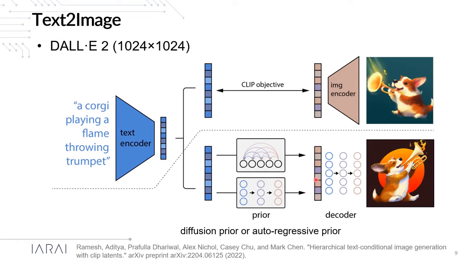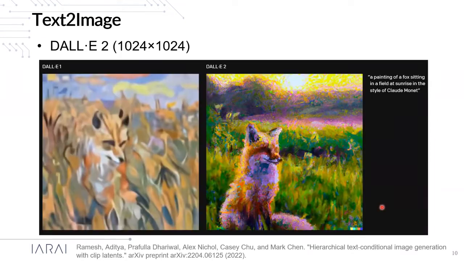Finally, this image embedding is fed to a diffusion decoder to finish the image generation. We can find that compared to DALL-E 1, the image quality of DALL-E 2 is much better, and the spatial resolution can reach 1024 by 1024 pixels.